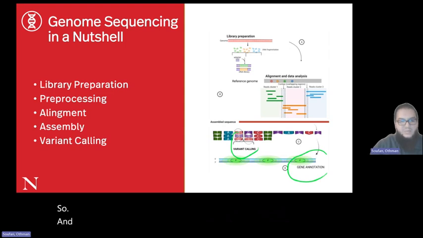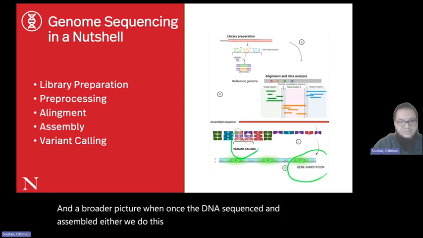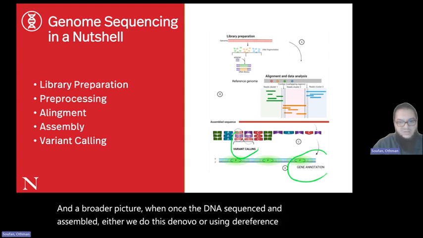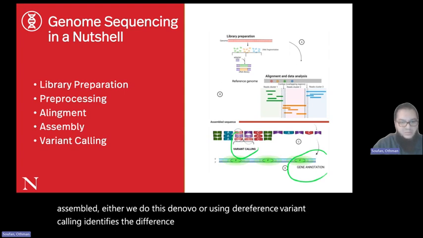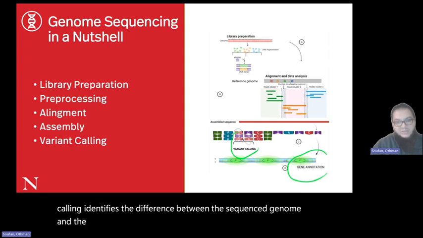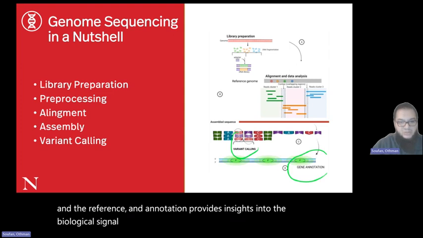So in a broader picture, once the DNA is sequenced and assembled, either de novo or using a reference, variant calling identifies the difference between the sequenced genome and the reference, and annotation provides insights into the biological significance of the sequenced genome.